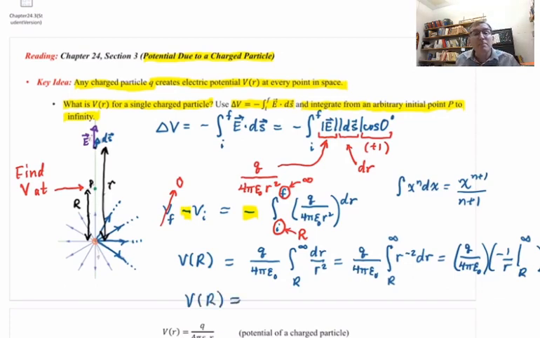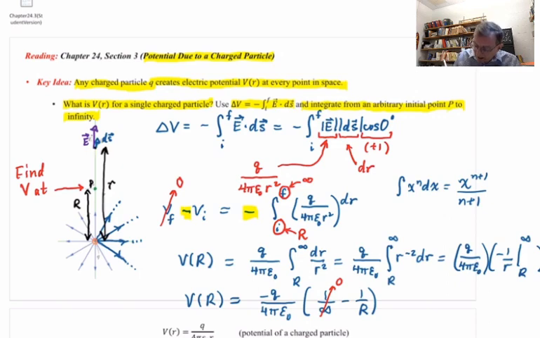V at point P, which is a distance big R from the charge, is, well, let's bring that negative out front, negative q over 4 pi epsilon 0 times 1 over infinity minus 1 over big R. To a physicist, 1 over infinity is 0. 1 over huge is small. You can't get huger than infinity, and you can't get smaller than 0.